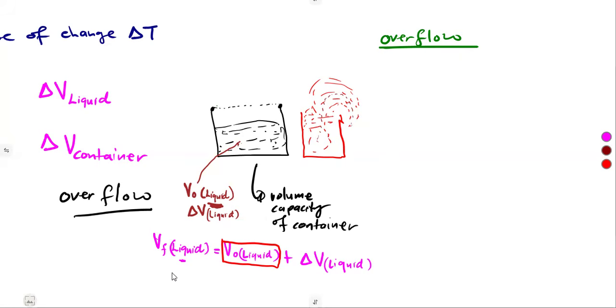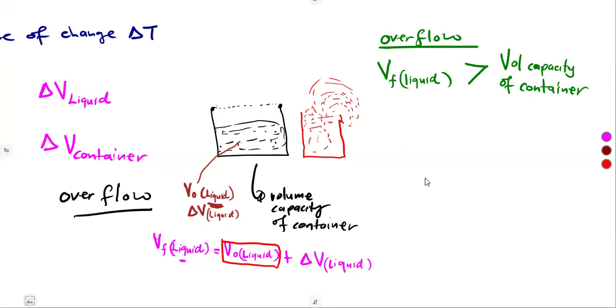When there is an overflow, you are going to find out that the final volume of the liquid will be greater than the volume capacity of the container. So therefore, an overflow can be determined from there.